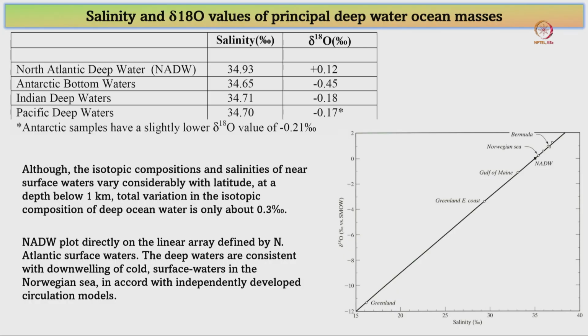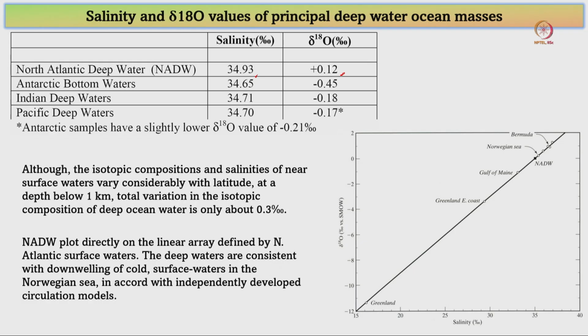Now, it is also useful to know what are the signatures of the different oceans. Here we have the North Atlantic deep water, whose salinity, as you can see, is 34.93, and delta 18O value is plus 0.12 parts per mil. The Antarctic bottom water is slightly more negative, minus 0.45, and remember that this is again a very cold region of the planet.